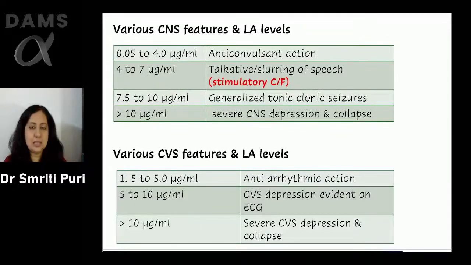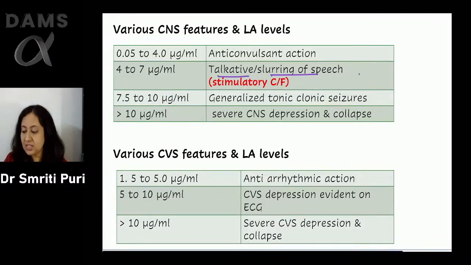Let's go through these tables again. I have put it because I know that it is difficult to remember. Now, if you see various CNS features and LA levels, 0.05 to 4 microgram per ml is anticonvulsant action, the therapeutic action. 4 to 7 microgram per ml is the talkative or slurring of speech.